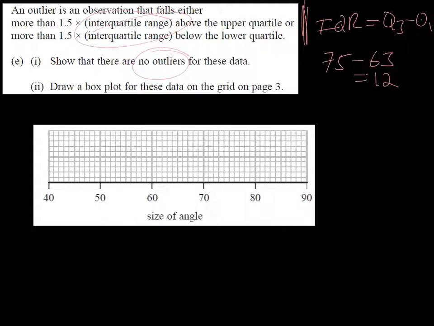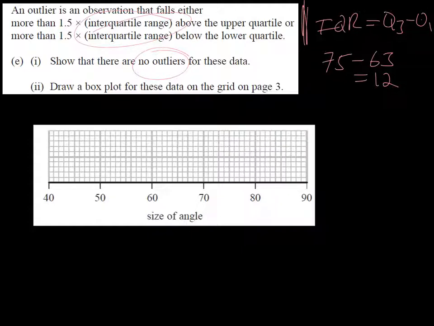So you can see in both instances we need to find the interquartile range, which we said earlier was Q3 minus Q1. We're told that Q3 is 75, and we've just found in the previous question that Q1 is 63. So the interquartile range is 12, and now we can calculate whether or not we've got any outliers.